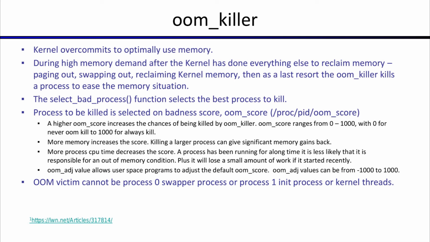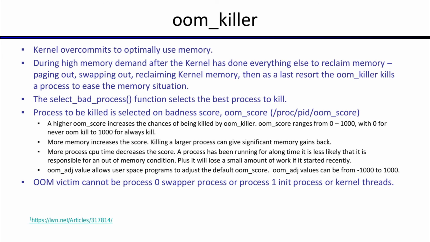The kernel tries to preserve things that are not causing a problem. One of those methods is if you have been running for a long time, then you are likely not a cause of the problem that the kernel is experiencing now, that it is probably a more recent process that is causing memory issues. So higher CPU time decreases the possibility that the kernel will choose to kill you.